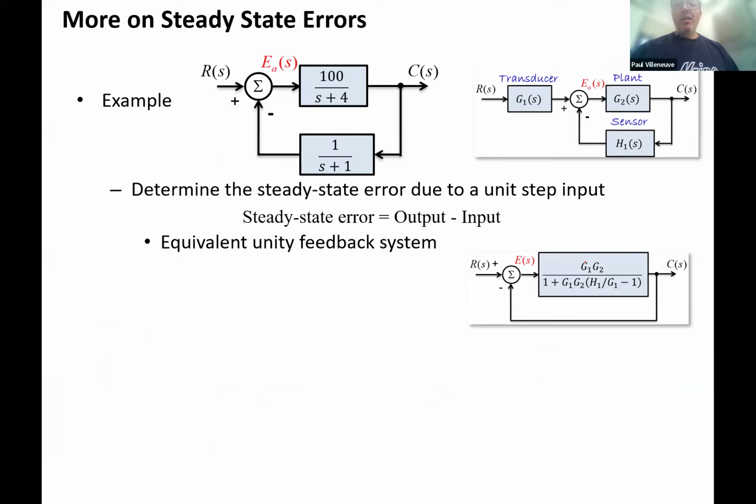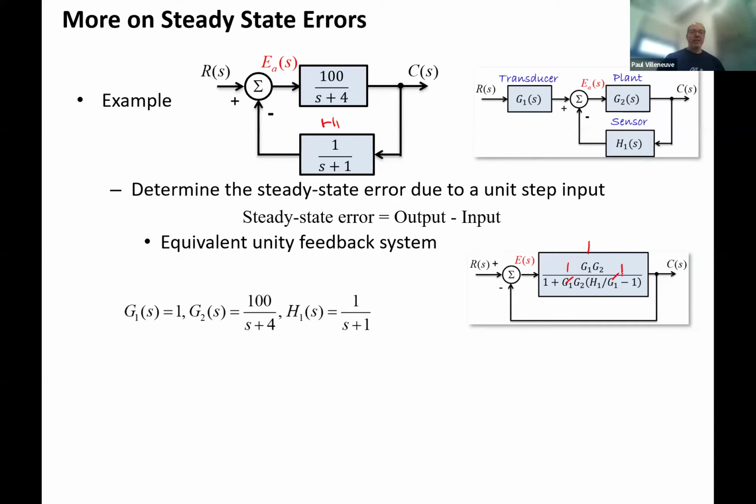This is what we did before. So this is equal to 1, and that is equal to 1. Now, this H1 is right here. This G1 is equal to 1. So all we need to do is substitute our values in, and we see G1 is equal to 1, G2 is equal to 100 over S plus 4, and H1 is equal to 1 over S plus 1.